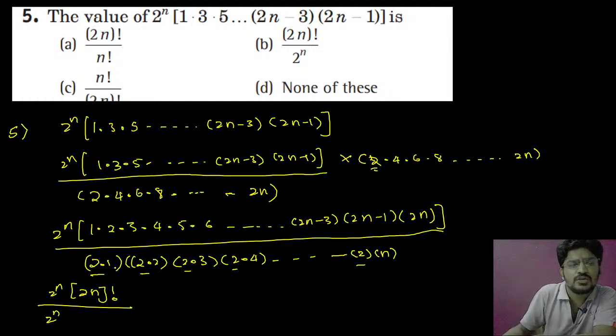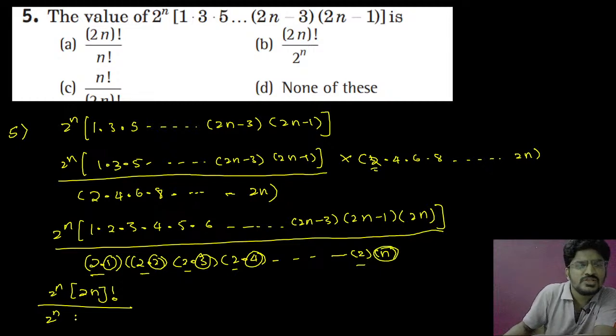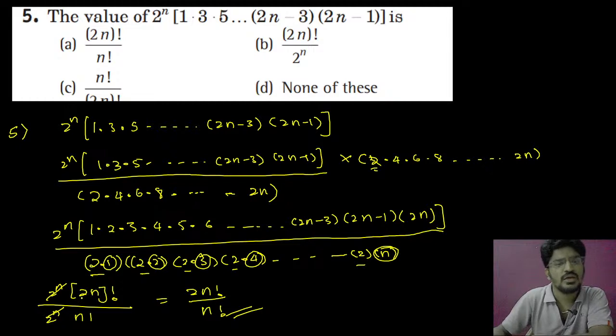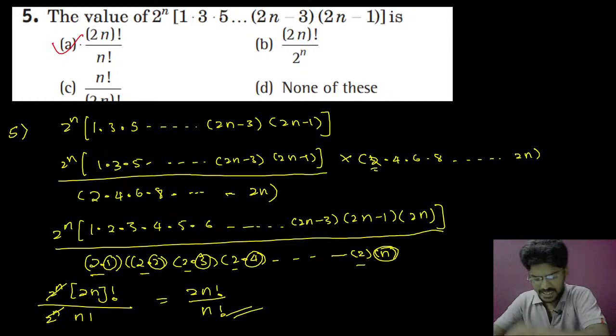And the remaining terms are 1, 2, 3, 4, so on to n. So that will be n factorial. So 2 raised to n, 2 raised to n will get cancelled. You will get 2n factorial divided by n factorial. This is your answer, that is option A. So option A is the right answer.